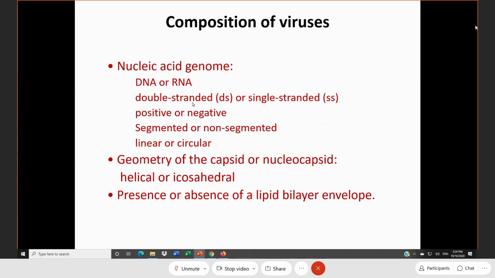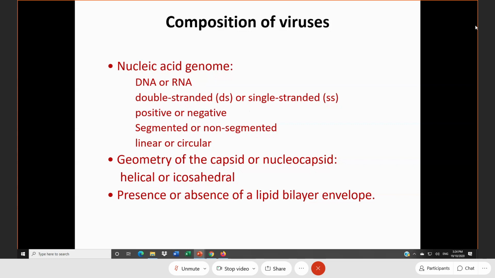And then nucleic acid can be segmented or non-segmented. Segmented means that inside the durian itself, there are many segments. Many lines: 1, 2, 3, 4. Non-segmented, we only have one continuous strand of the DNA or RNA, one single strand, just like a cable.